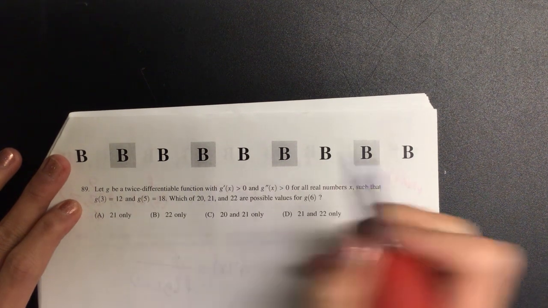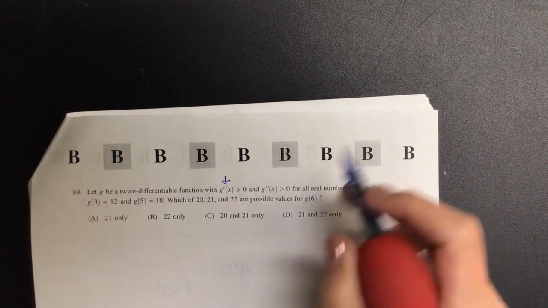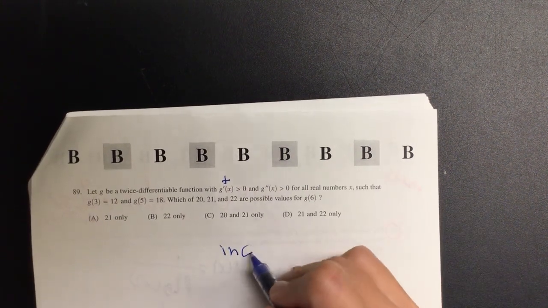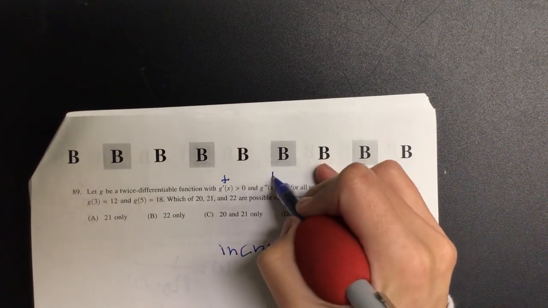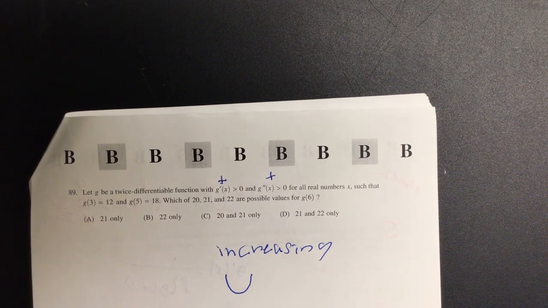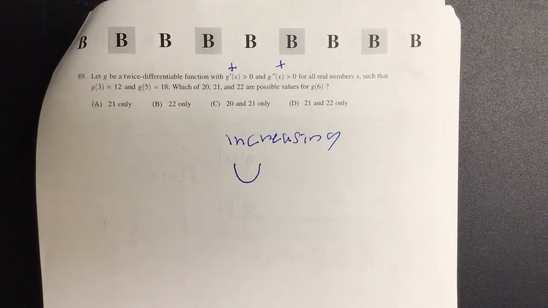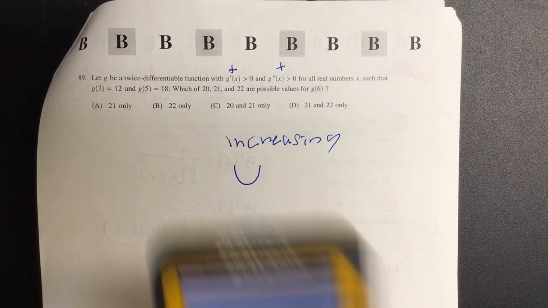So if g prime is positive, that means we have an increasing graph. Increasing. And if g double prime is also positive, is it concave what? Concave up. And I'm going to give you a pure calculator trick on this one.